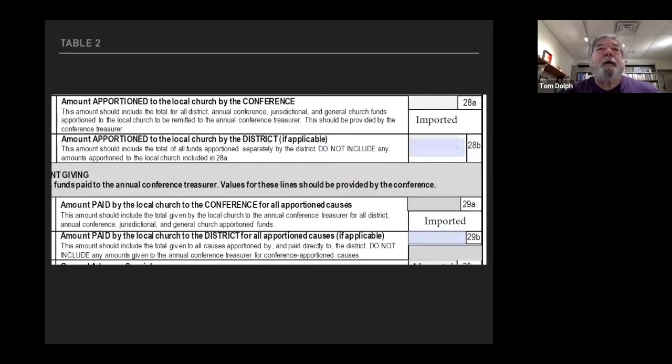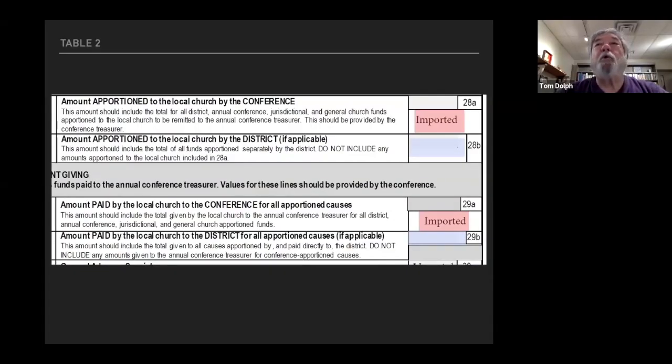So we're gonna quickly run through these next few lines. Everywhere where you see the word imported, those figures, when you get to the online entry, will be imported automatically for you by the conference. Those will most likely not be imported until the very last day, the weekend that the online reporting closes.